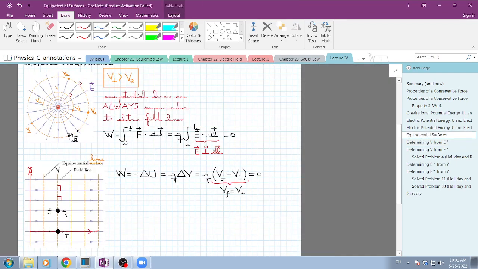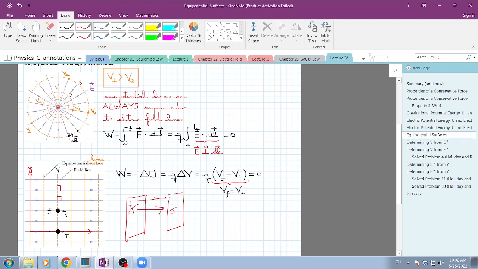Consider a uniform electric field. It means that you have an electric field generated by an infinite plane, for example. We have an infinite plane here, another infinite plane here, with different charges, positive and negative, and then you get a uniform field.